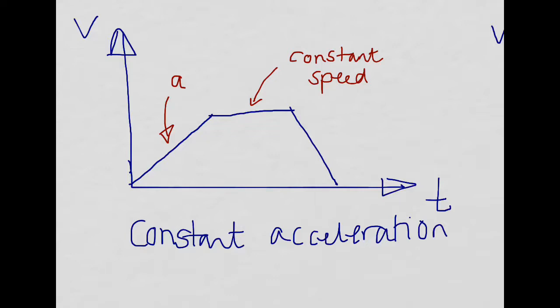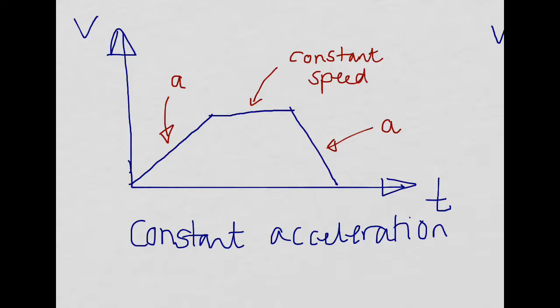And then here again there is a gradient, it's a straight line, so the gradient is constant and it's accelerating again, but this would be a negative acceleration because it's deceleration. So constant acceleration is where our gradient is constant, it's one value.